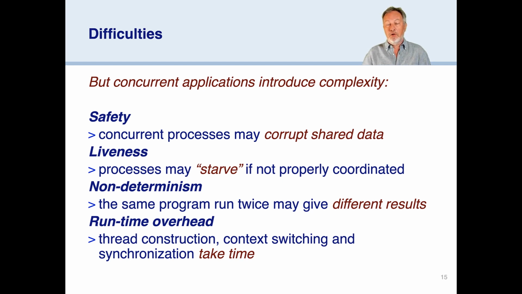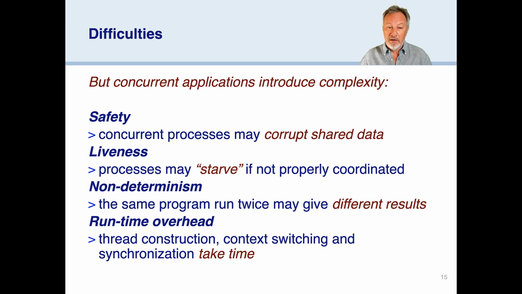And if we're not careful, they can bump into each other and end up corrupting data. If each process assumes it's running as a single-threaded program in isolation from others, but then is accessing shared data, it may make assumptions that are not true. So in such a case, you can end up with corrupted data. So safety, in essence, says we don't want anything bad to happen.